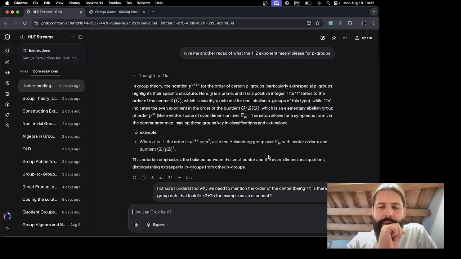Symplectic form with the commutator map, making these groups key in classification and extensions, with center order p and quotient Z over pZ squared.